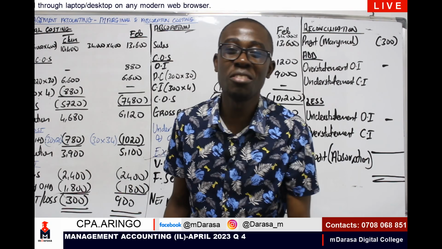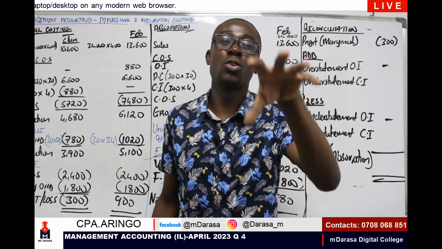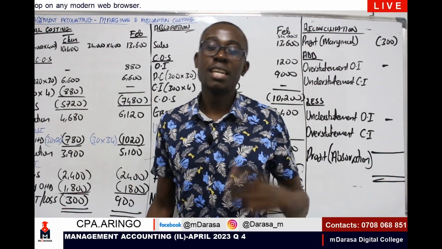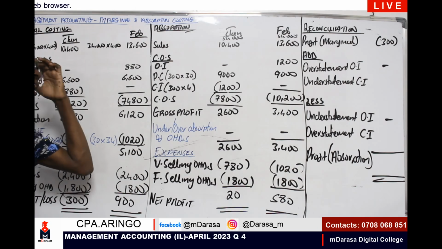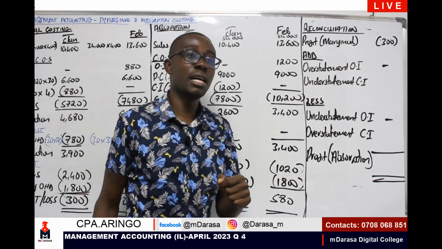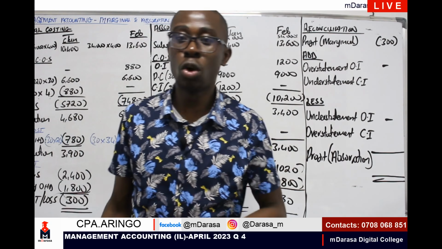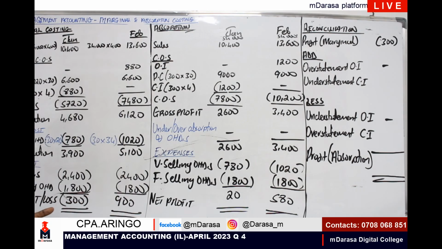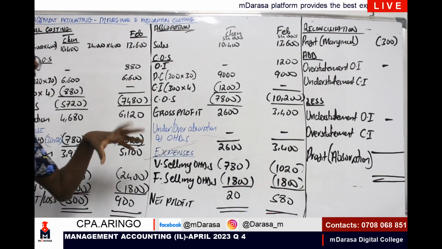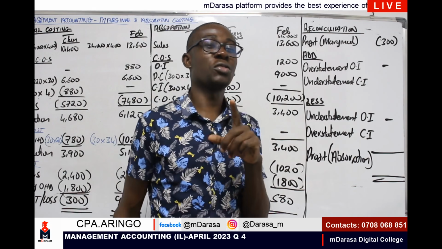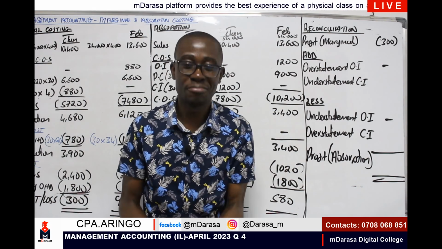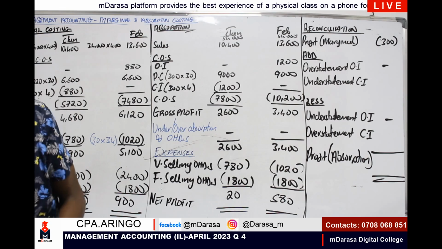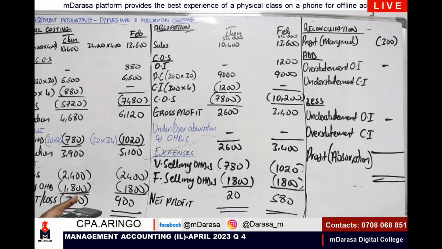If marginal costing had a higher figure of inventory than absorption, we would have overstatement. But now marginal has a lesser value of inventory compared to absorption, so I'm going to have understatement of closing inventory.